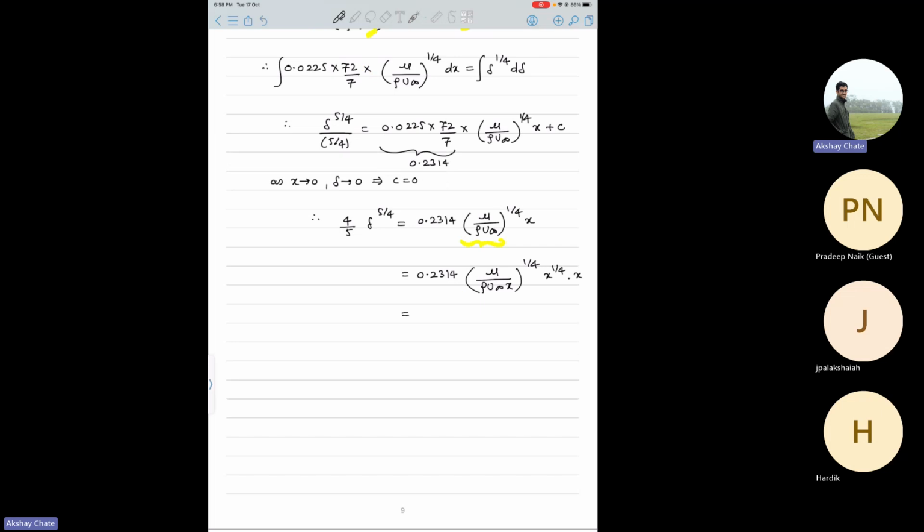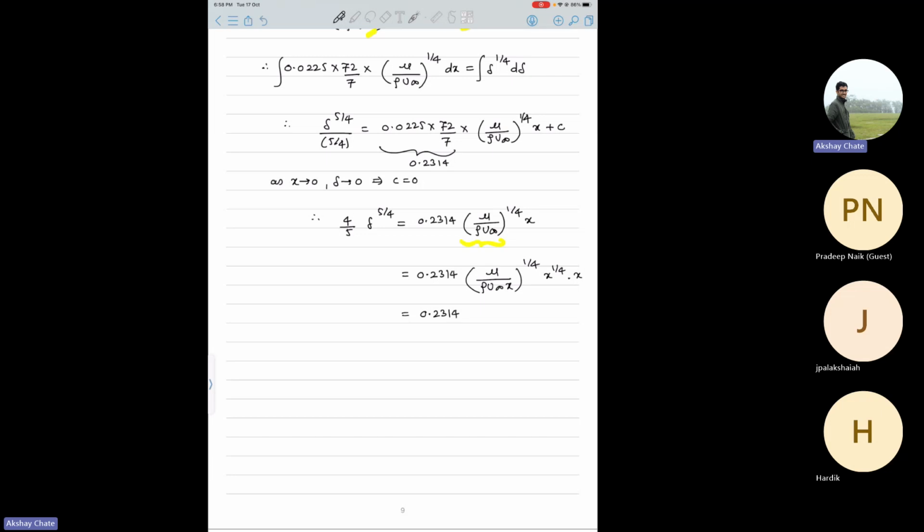And if you see, now this constant remains as it is, but this becomes, we divide by, so this will become power 5.